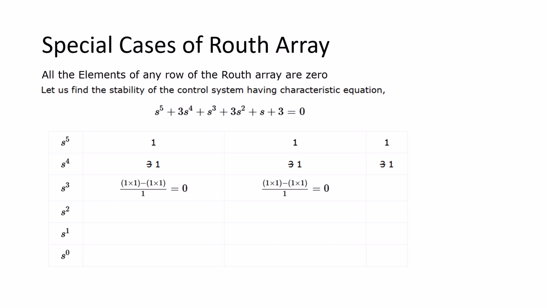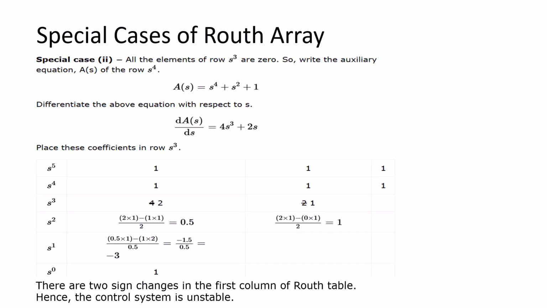Then what you have to do is write the equation for the previous row. This will be s to the power 4 plus s square plus s to the power 0, so the equation for this row is s to the power 4 plus s square plus 1. We are forming this auxiliary equation.